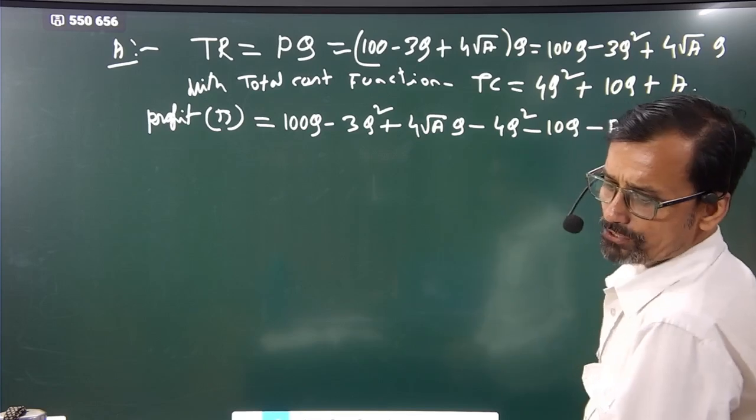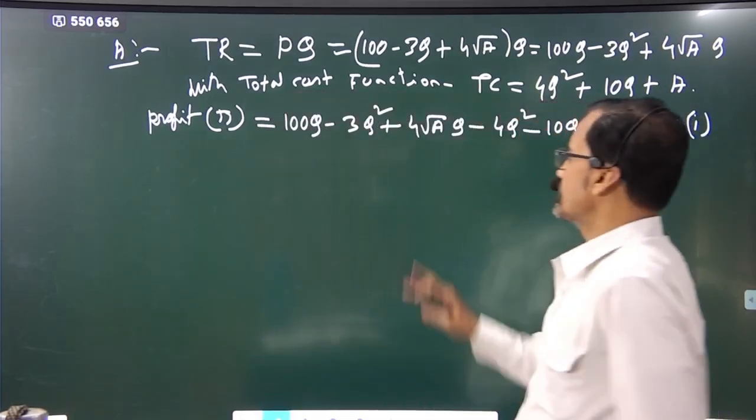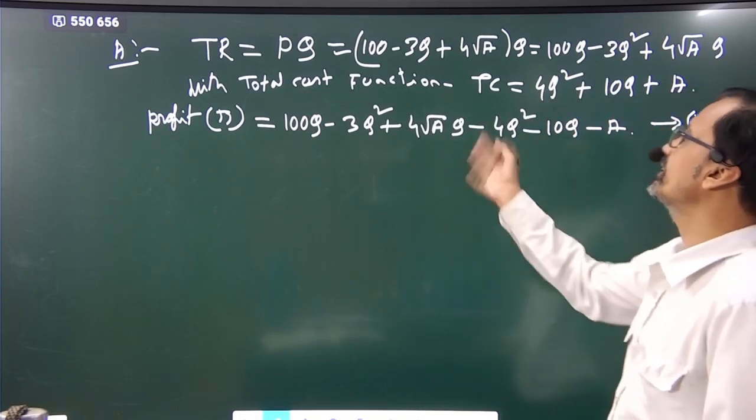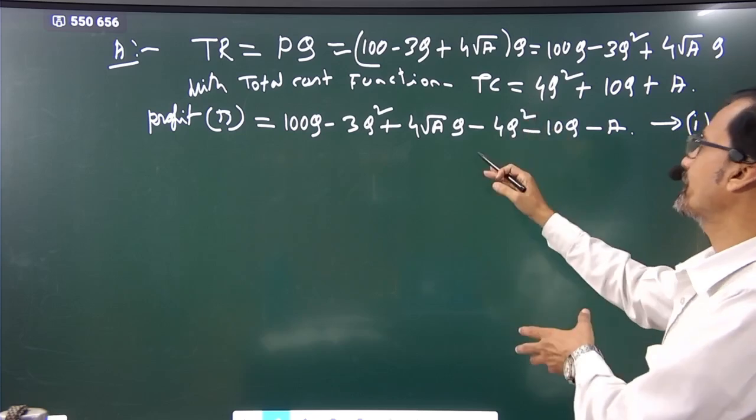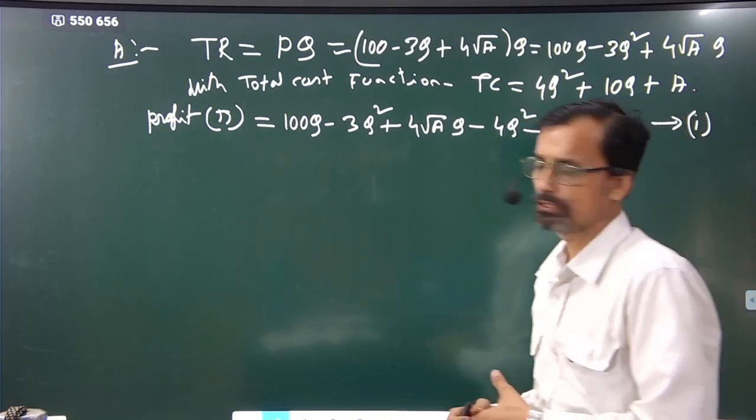Now, profit maximization. The profit is a function of quantity output produced as well as advertisement cost.